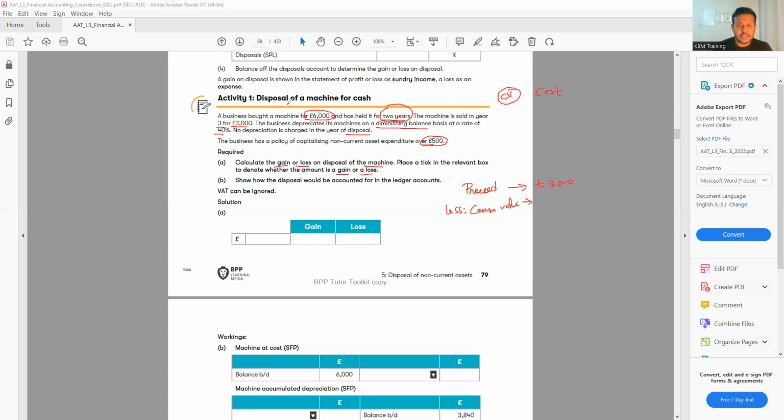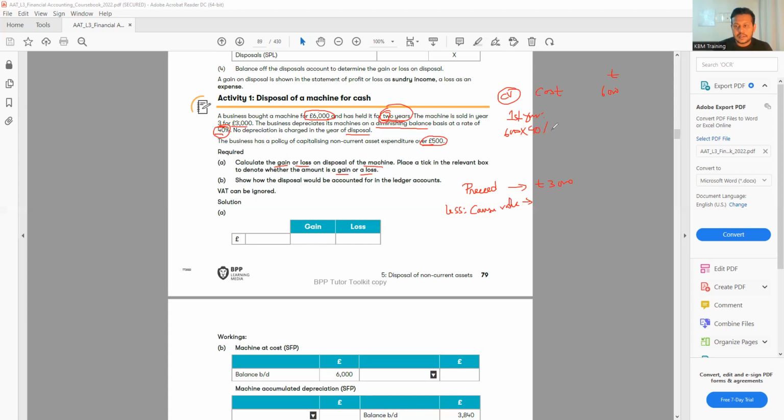The cost is 6,000 and we have used it for 2 years. We need to find out how much the depreciation is in 2 years. So first year depreciation: we need to do 6,000 times 40%.